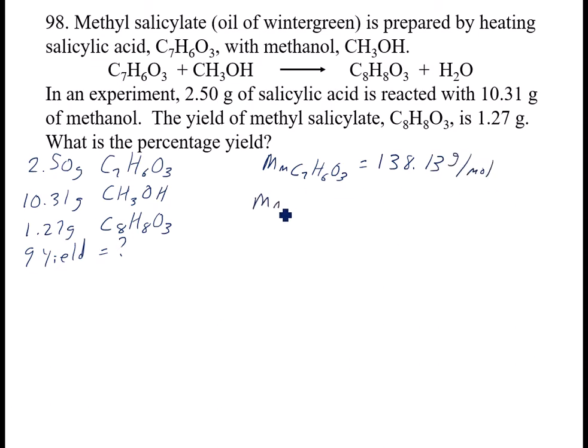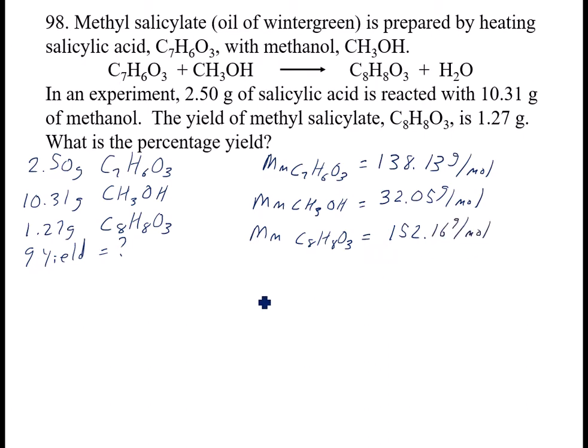The molar mass of my CH3OH: 1 times carbon, 3 times hydrogen, 1 times oxygen, 1 times hydrogen is 32.05 grams per mole. And the molar mass of C8H8O3 is 152.16 grams per mole.